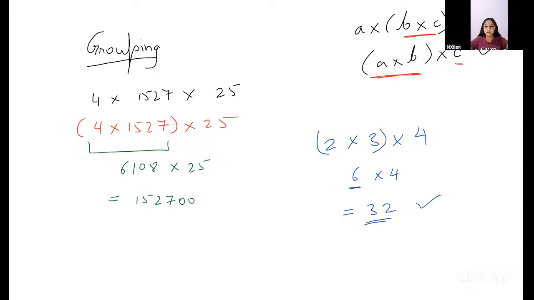You can always ask me to re-explain any part of it. Just let me know. All right. Now we will move forward. I will give you one question to try out for the grouping method.